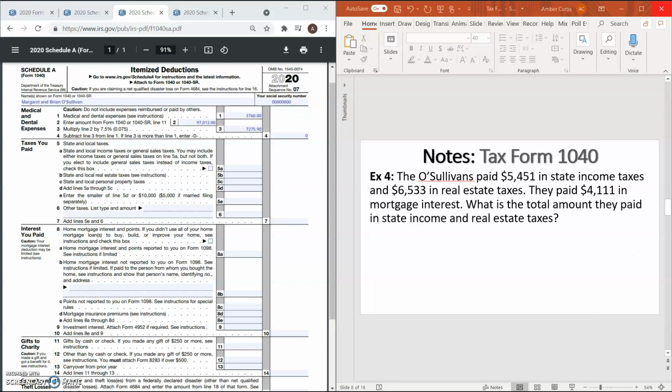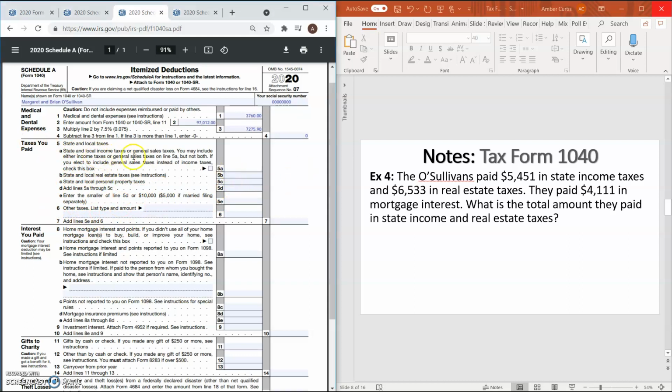All right, example 4. The O'Sullivans paid $5,451 in state income taxes and $6,533 in real estate taxes, and they paid $4,111 in mortgage interest. What is the total amount they paid in state income and real estate taxes? So we're going to be looking at this section here, taxes you paid.